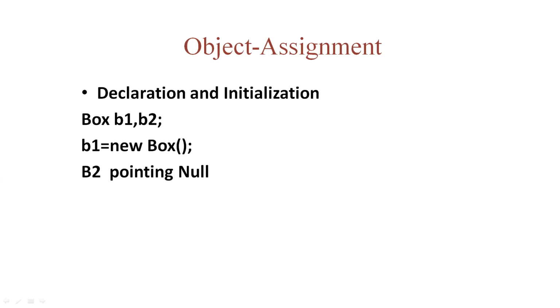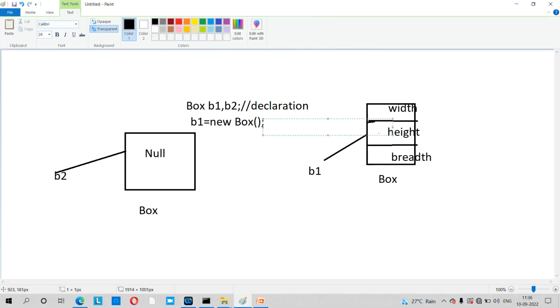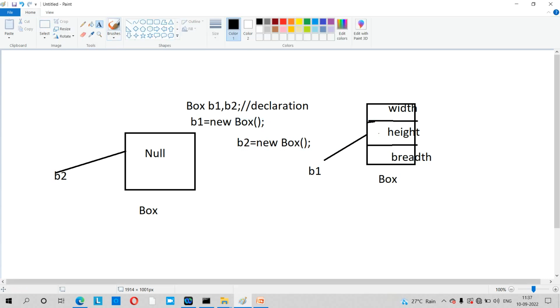Now suppose I create one more, for b2 also: b2 equal to new Box. What will happen now? The null object will be removed.